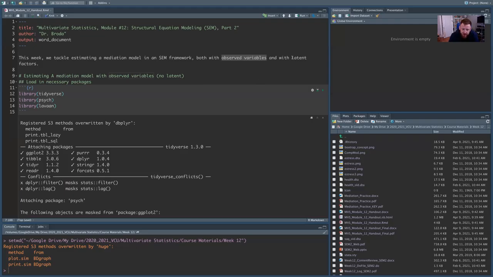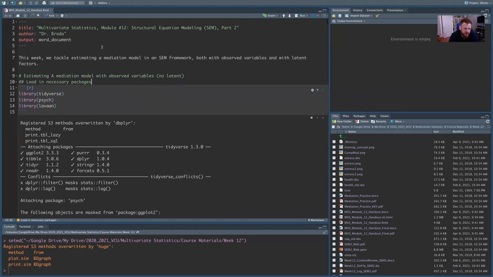Another example is going to be a fully latent mediation model, where all of the components of the mediation model are actually latent variables that have indicators. So just to show you a couple options, again, SEM is really flexible, and there are a lot of different things you can do. I'm just showing you a couple things that might be interesting for your work.